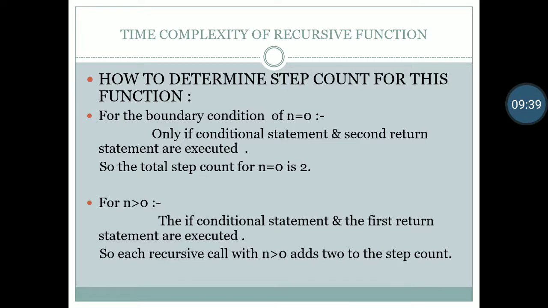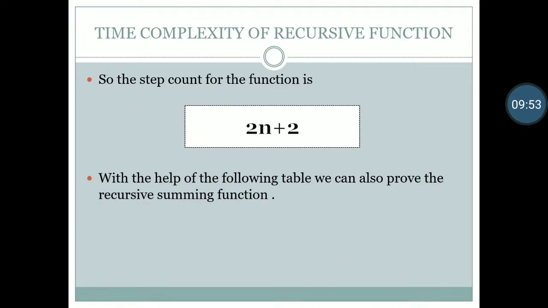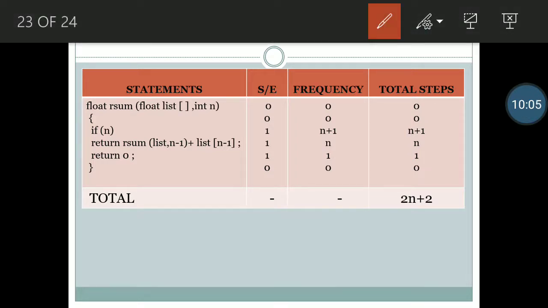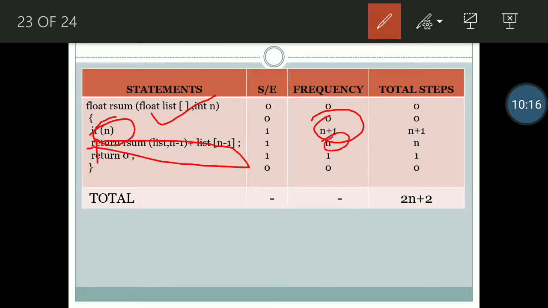For n greater than 0, the if conditional statement and the first return statement are executed, so each recursive call with n greater than 0 adds 2 to the step count. So the step count for the function is 2n plus 2. Let's take an example here. Like a for loop, the if condition will be executed n plus 1 times. The inner statement of the if will be executed n times, and the return statement will be executed one time.